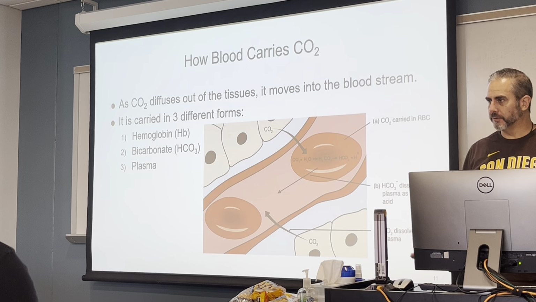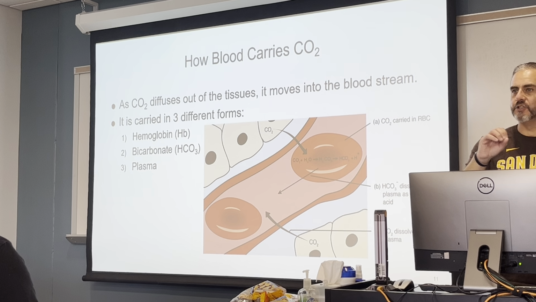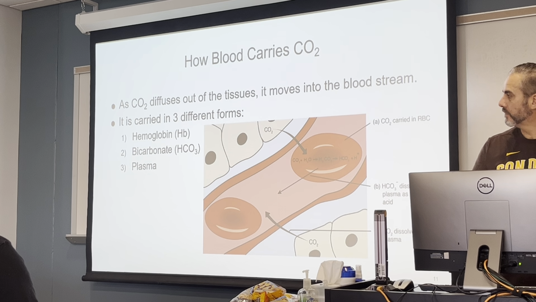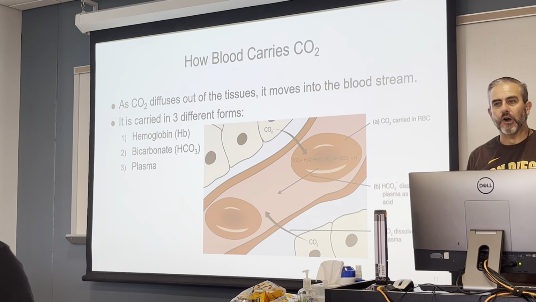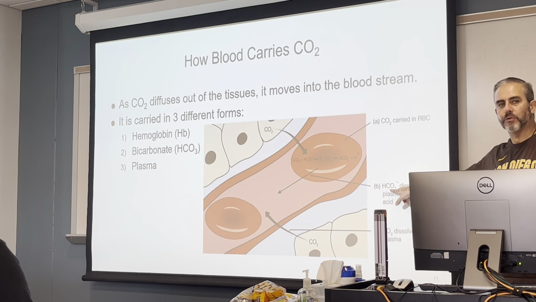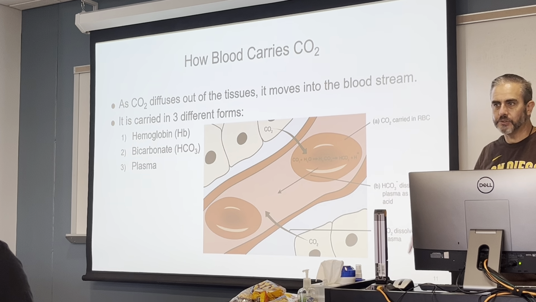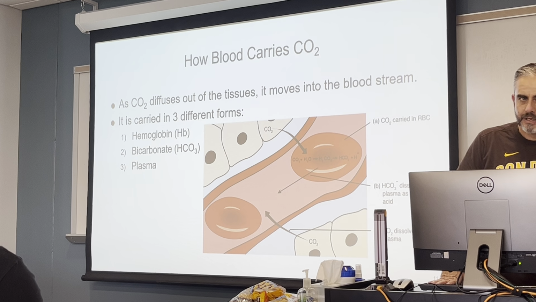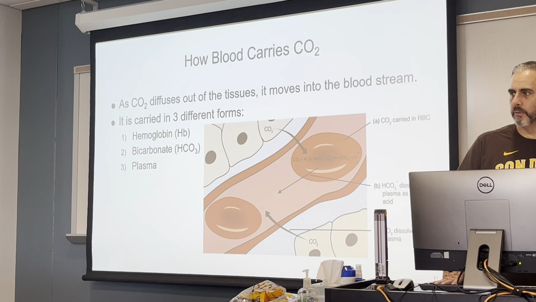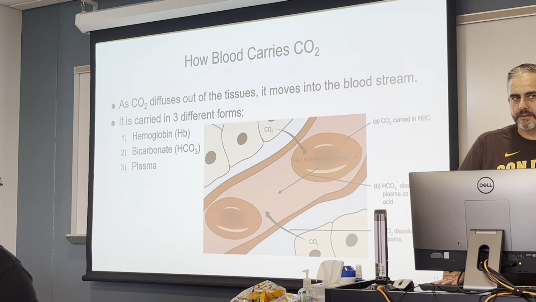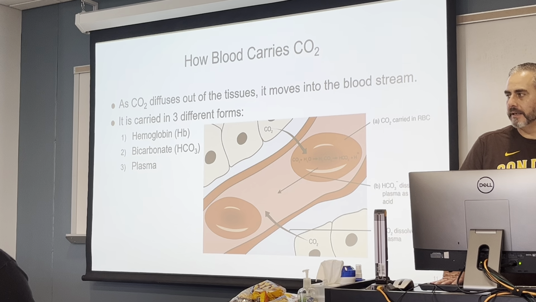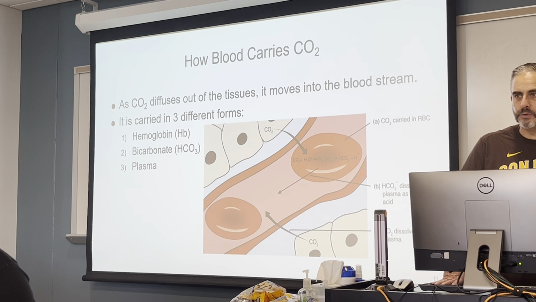We've heard that story before, right? Except the percentage is not nearly as high as oxygen. It's also carried as bicarbonate, HCO3. The third way, in plasma. Again, we've heard that story before when it comes to oxygen. So that's how it's carried, one of three ways: bound to hemoglobin, as bicarbonate, and in blood plasma.